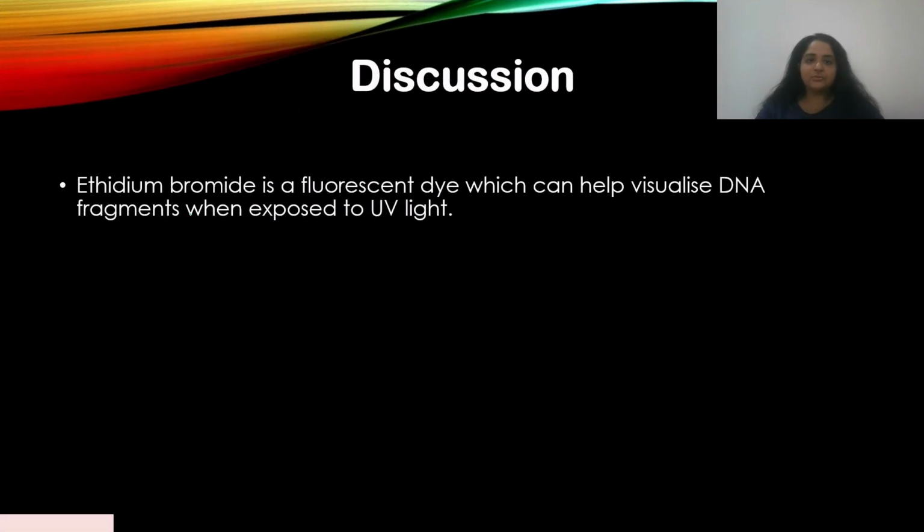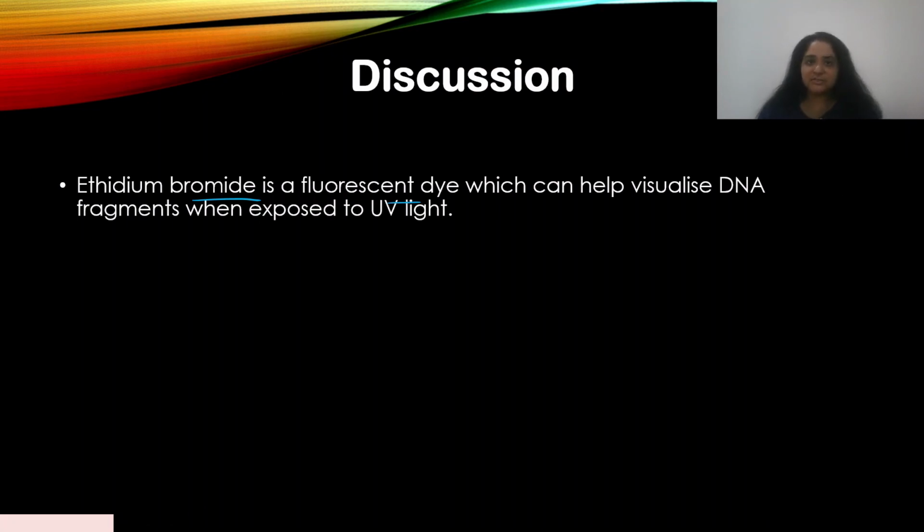Ethidium bromide is a fluorescent dye which can help visualize DNA when it is exposed to UV light. It's a way to see where your DNA fragments have been, how they have been separated, and what the particular base pairs are when you compare it to the marker. Usually you can't see it when you just run the agarose gel.